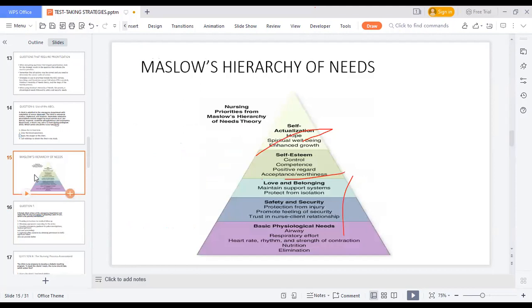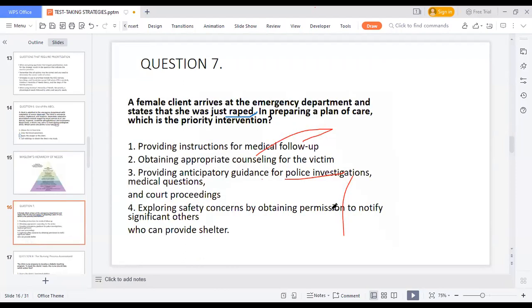It is psychosocial. It goes to love and belonging, self-esteem, self-actualization. What are you trying to look for?